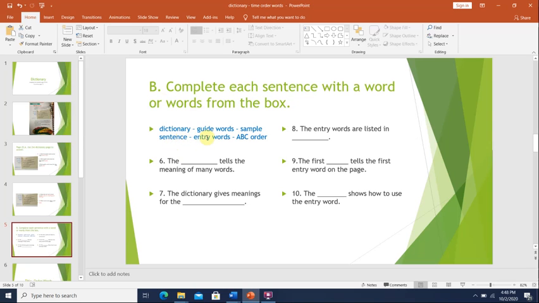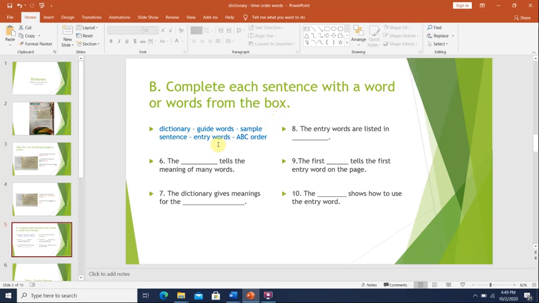The guide words are the two words on top of a dictionary page that tell you the first word and the last word. Sample sentence. The words sample sentence mean how to use this entry word in a sentence. It gives you a sentence to show you how we can use this word in a sentence.